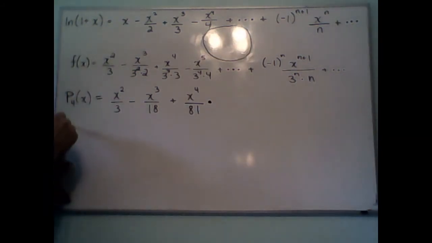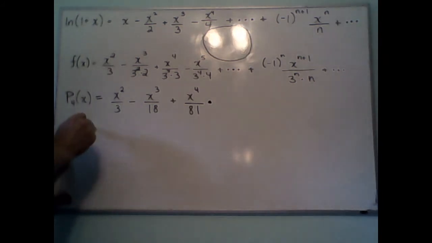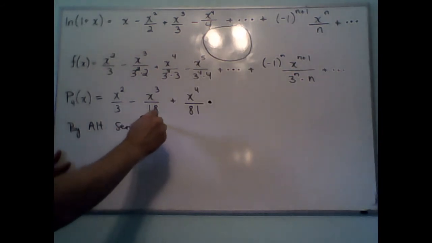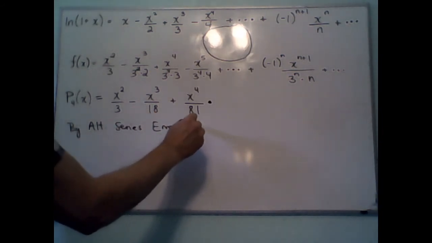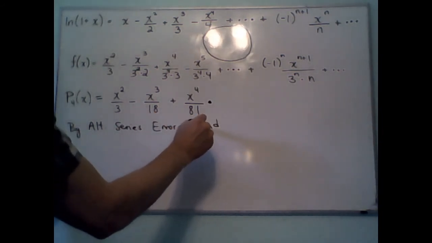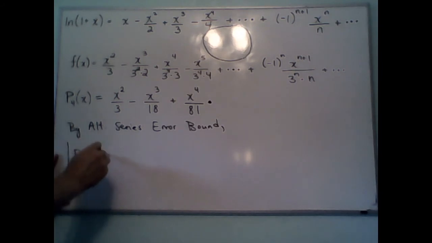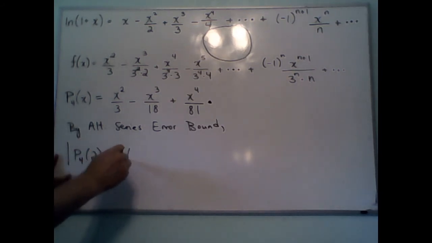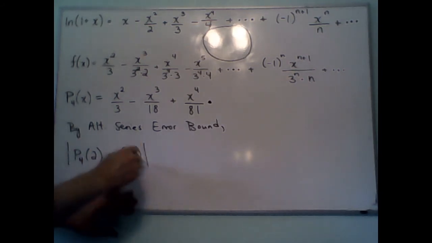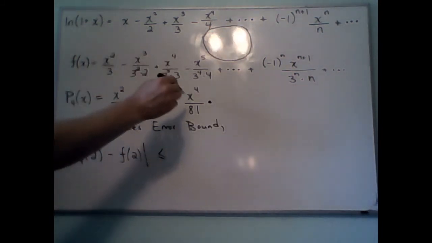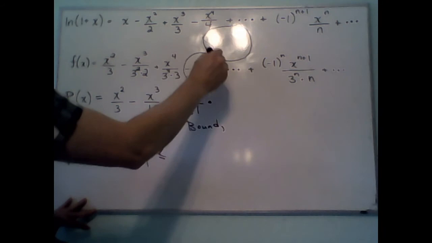Now, by the alternating series error bound, the error that you get when you use P sub 4 of 2 to approximate f of 2 is less than or equal to, since it's an alternating series, the absolute value of this next term.